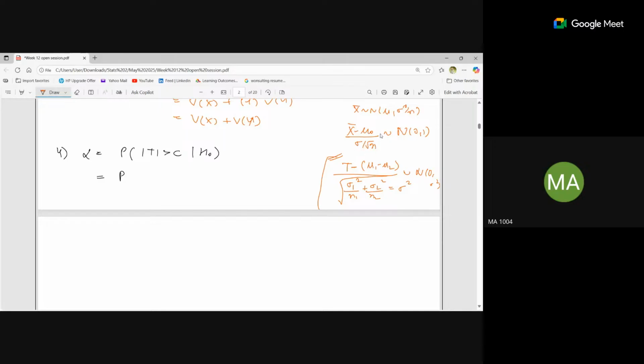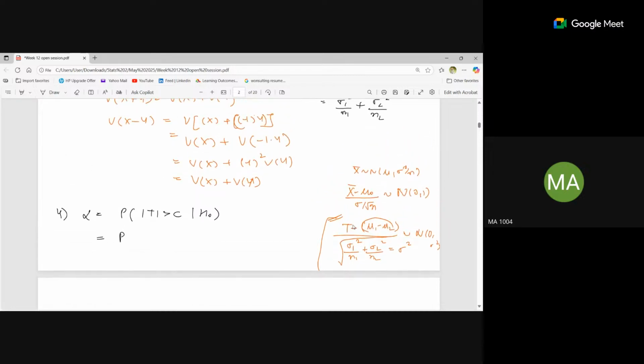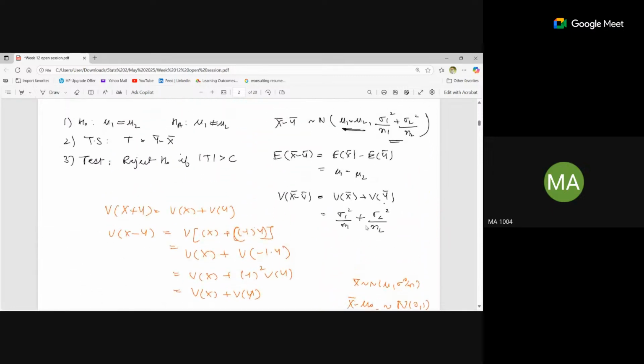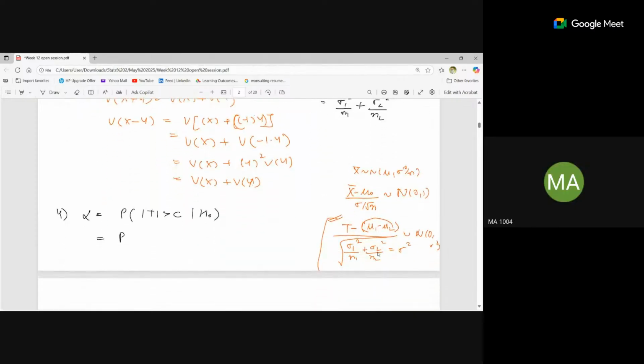Similarly, t minus this is my mean, and divided by the under root of the variance, and the variance is this one. So I'm just denoting this whole thing as sigma square.